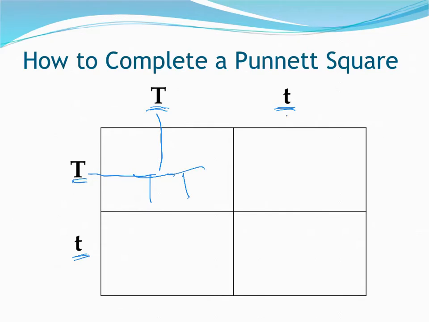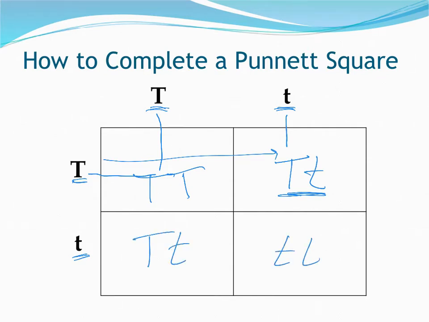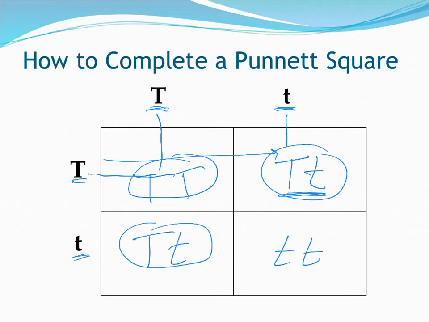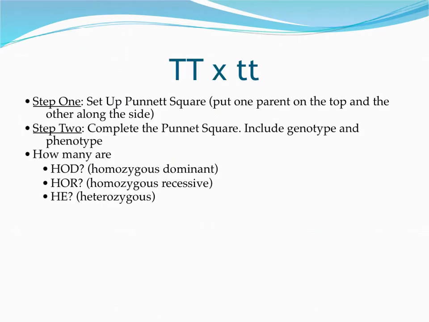For this one, column times row, we get capital T, lowercase t. When you're writing genotypes, you always put the uppercase letter first. Again, this one gives us capital T, lowercase t, and this one gives us lowercase t, lowercase t. So the genotypes are 1 homozygous dominant, 2 heterozygotes, and 1 homozygous recessive.